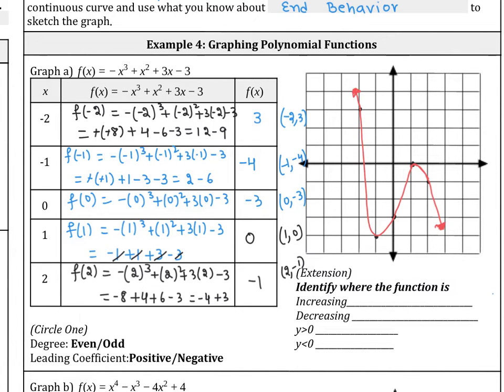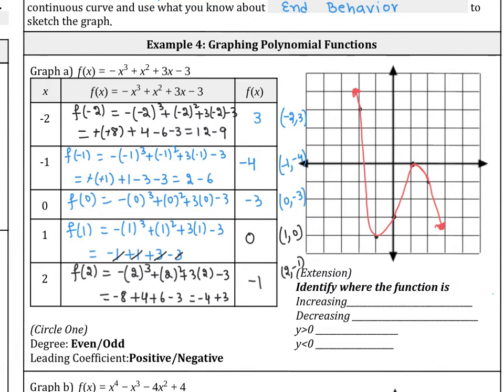Connect the points with a smooth line, and you're going to get this graph. Avoid making corners for the turning graph. Try to make it as smooth as you can.